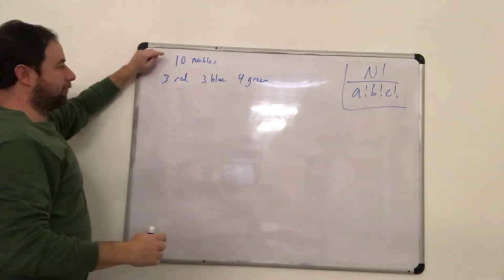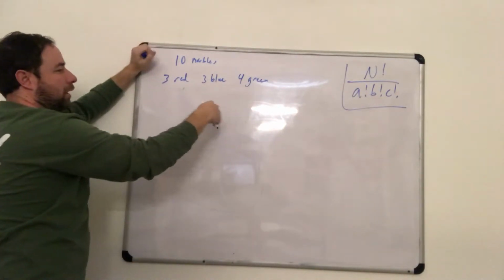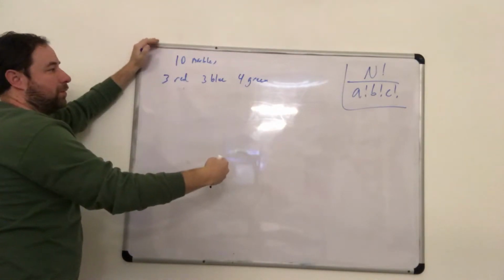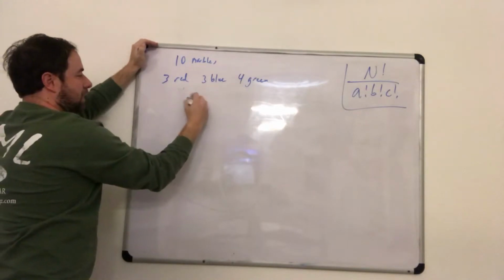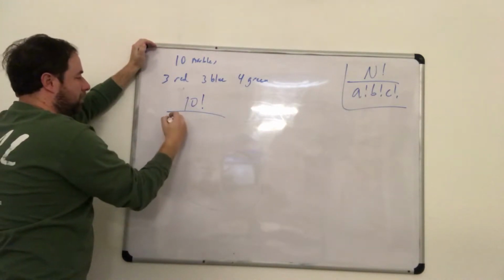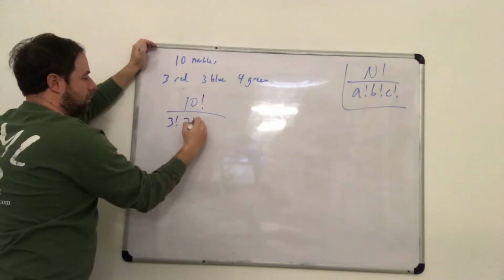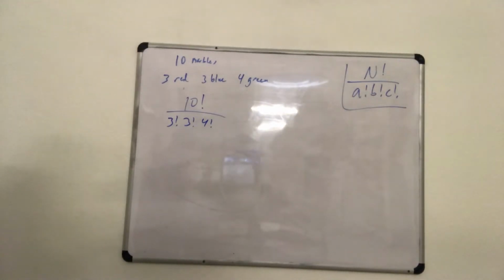If you have a problem that says we have 10 marbles, 3 red, 3 blue, 4 green, what are the distinguishable permutations with these 10 marbles? Well, 10 exclamation on top is your total number of marbles, and then on the bottom you have 3, 3, and 4. You simply fill that into your calculator, and I would put parentheses around everything in this one.